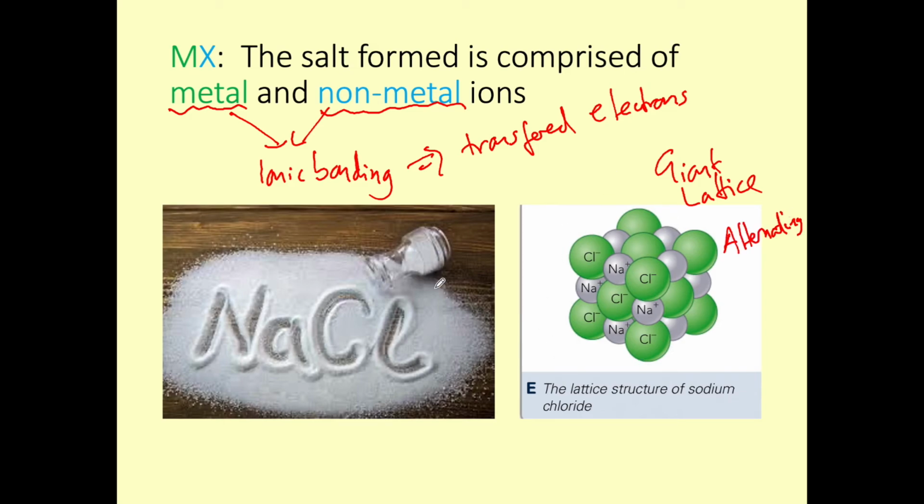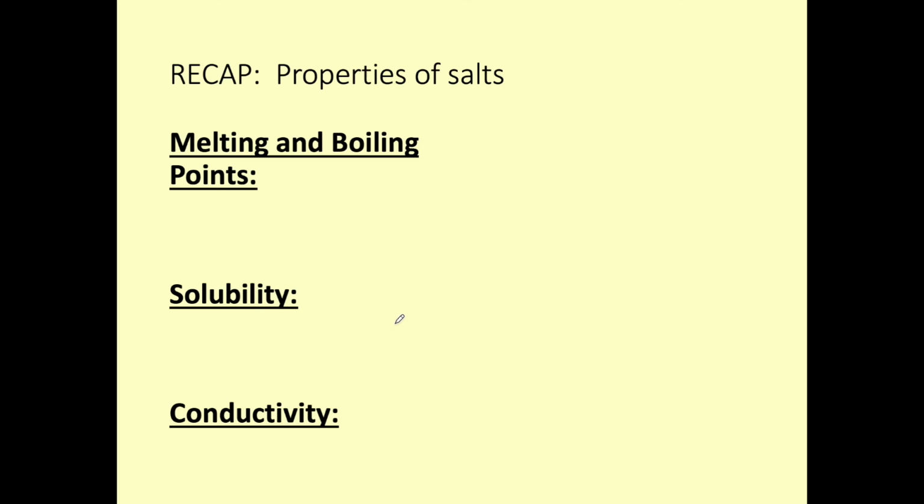So we can think about what we know about table salts to help us with our recapping of the properties of our salts. Salts being MX in general, so not just NaCl, but all those salts that we've just looked at naming, because they all have very similar properties, and it's all a result of that structure. But we're aware of some of these from our experience with table salt. Melting and boiling points. To start with, we know that salt at room temperature is a solid, and this tells us that they have high melting and boiling points.